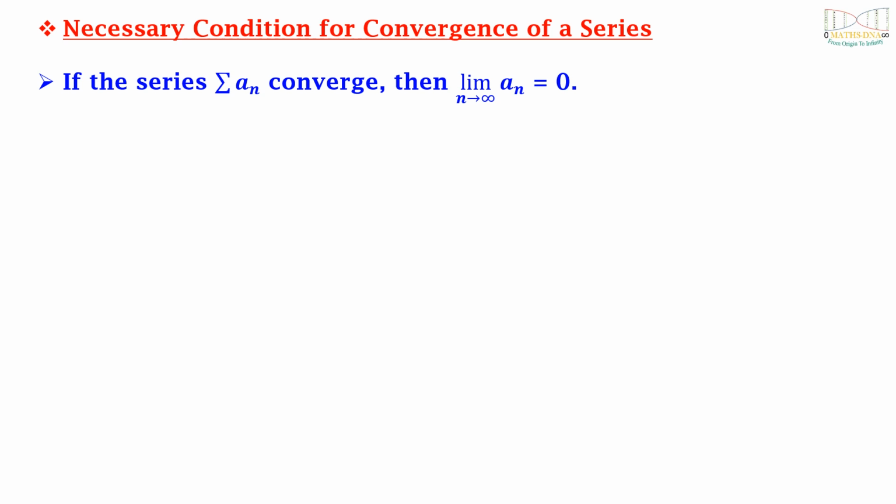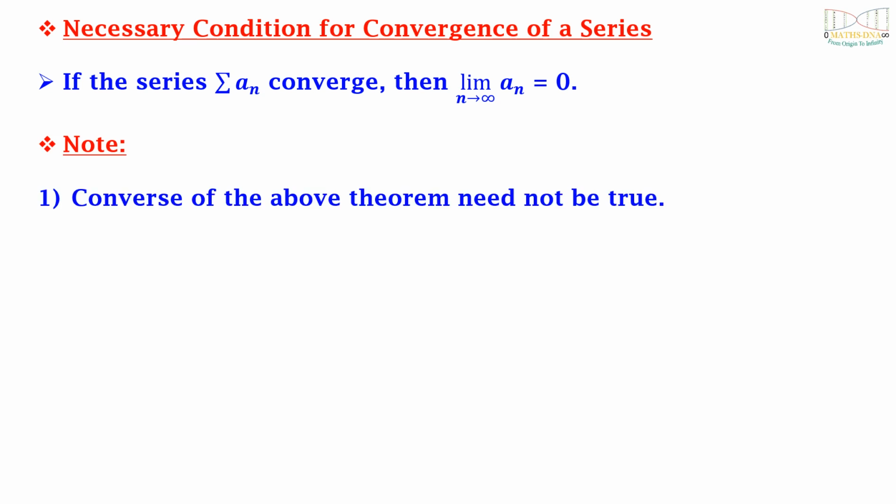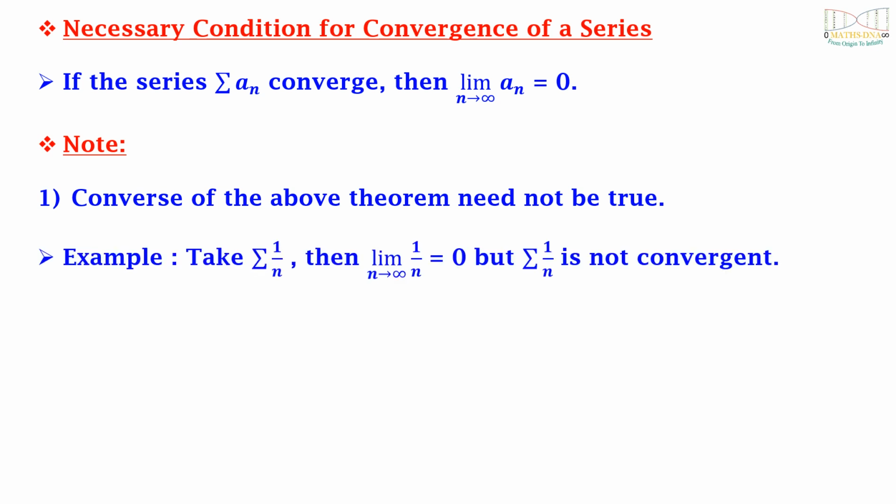Then we have the necessary condition for the convergence of a series. If the series summation a_n converges, then limit n tends to infinity a_n is equal to 0. But we need to note that the converse of the above theorem need not be true, which means we have a counterexample: take summation 1 by n.